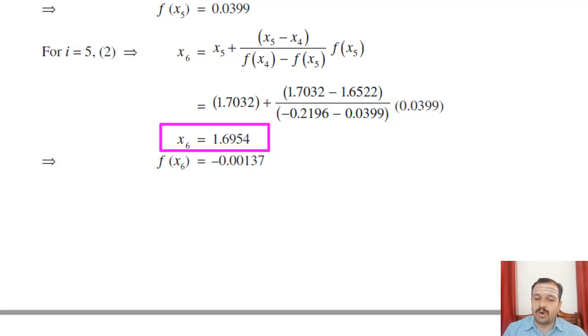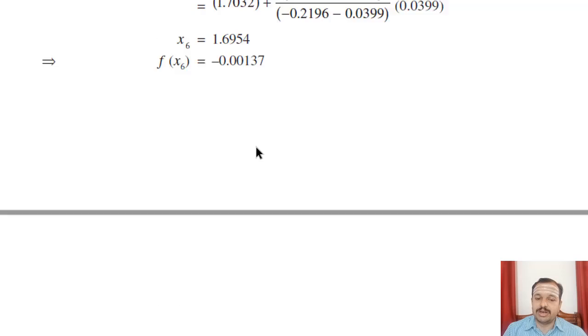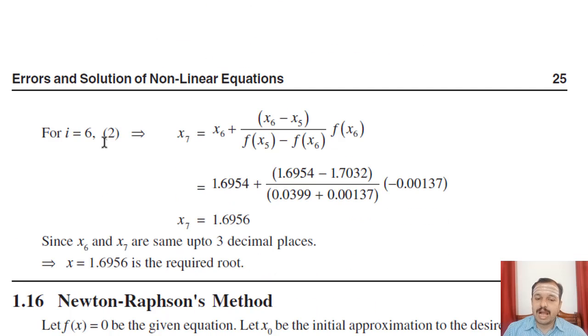So please go on proceeding like that for the next iteration, that is the same formula, formula number 2 with i equal to 6. If you replace i equal to 6 in formula number 2, you will get the x7 value.